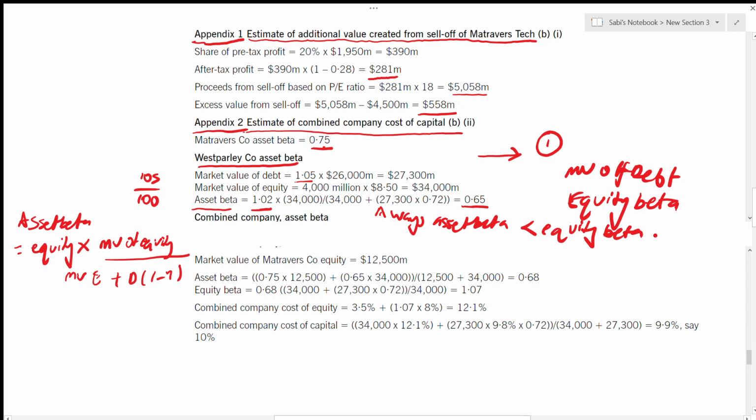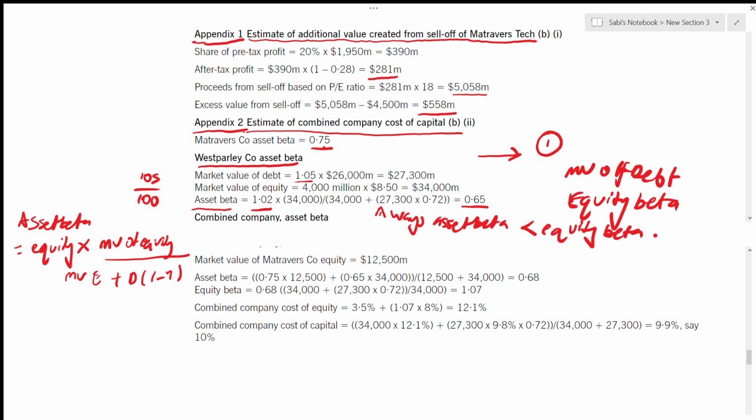If it is not, redo the calculation. You are wrong somewhere. You cannot question whether sometimes it will be otherwise. Your asset beta will always be less than your equity beta. Here your equity beta is 1.02 and your asset beta is 0.65. That means you are correct. It has to be less than 1.02.